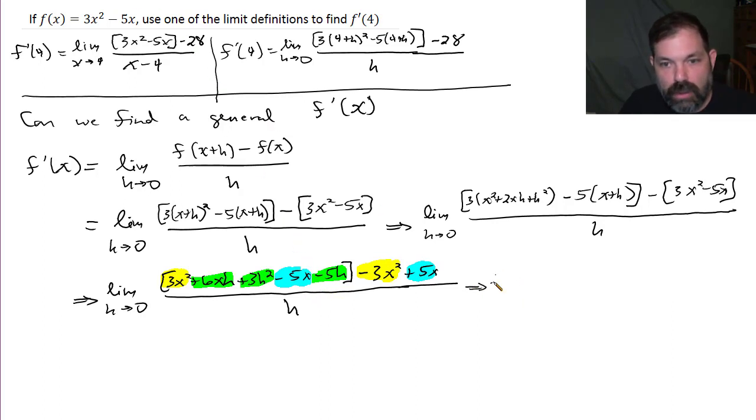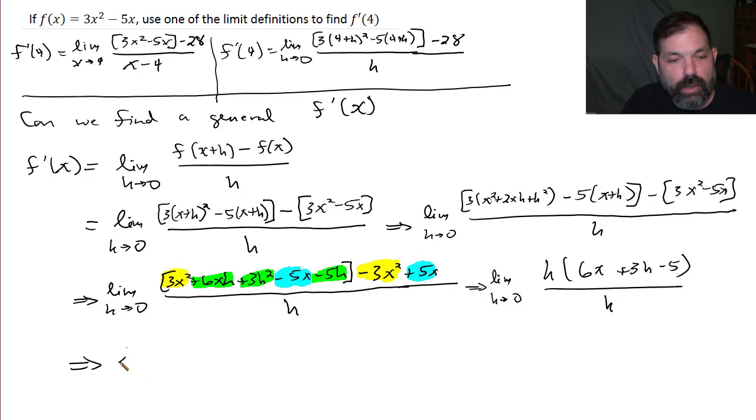So this becomes the limit with h approaching 0. Now remember, the 3x squared and the minus 3x squared have added to 0. The minus 5x and the plus 5x have added to 0. All that's left are terms with h in them, and we're now factoring out the h: h times 6x plus 3h minus 5, over h.